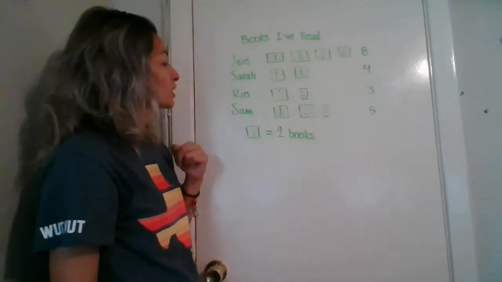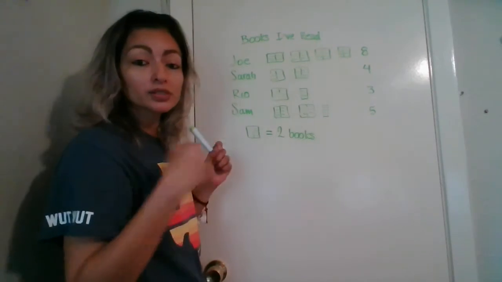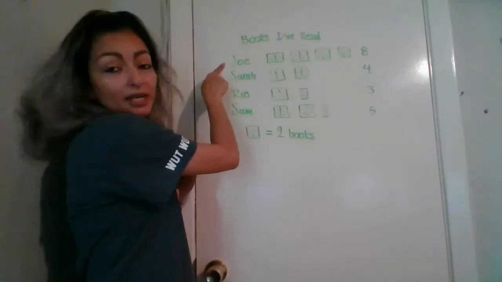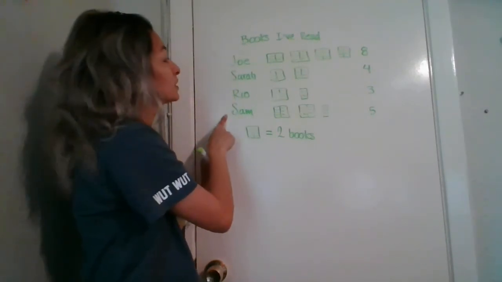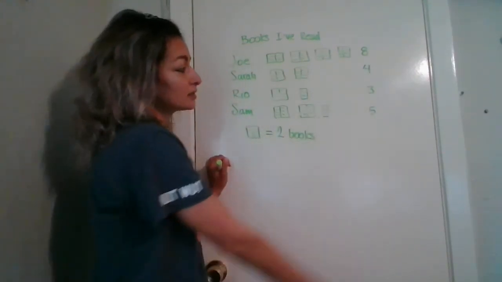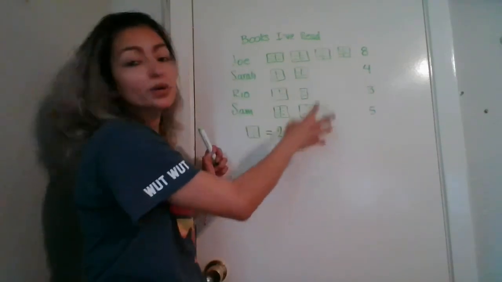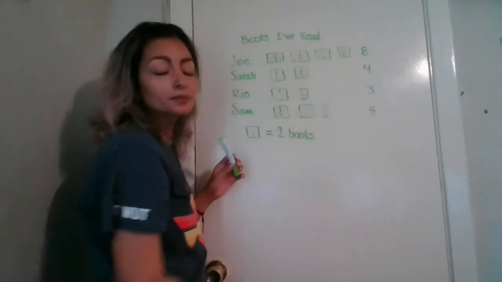If they ask me how many books the boys read all together, together means adding. And they ask me about the boys, so it's Joe, Rio, and Sam. So 8 plus 3, it's 11, plus 5, it's 16. So all boys read only 16 books, while Sarah read 4.